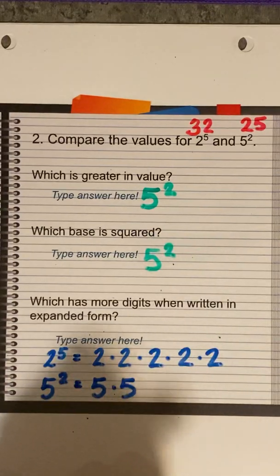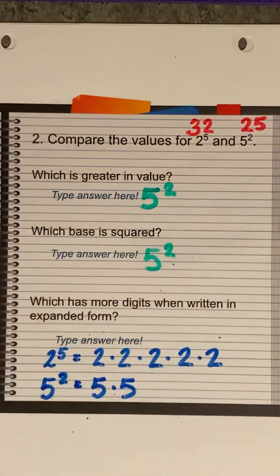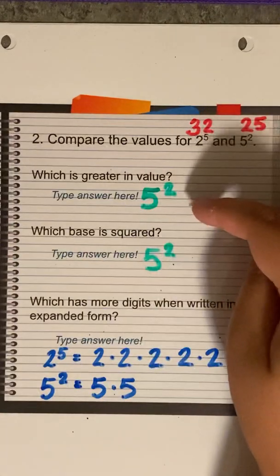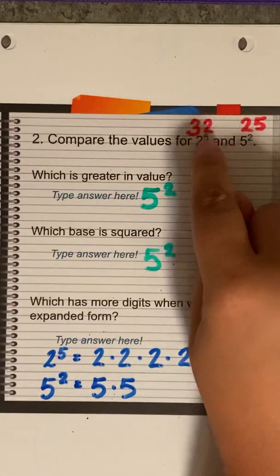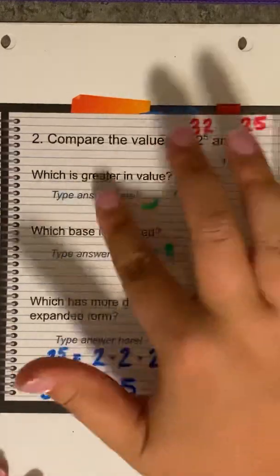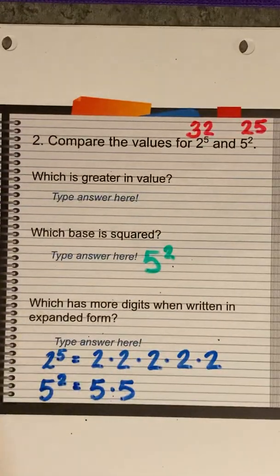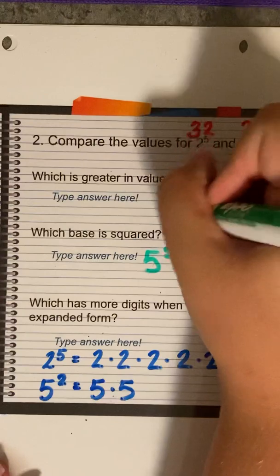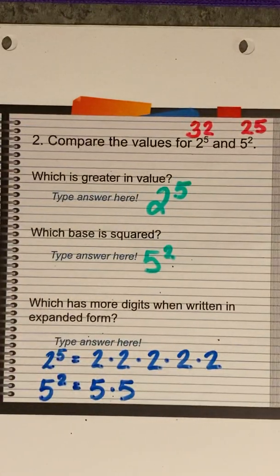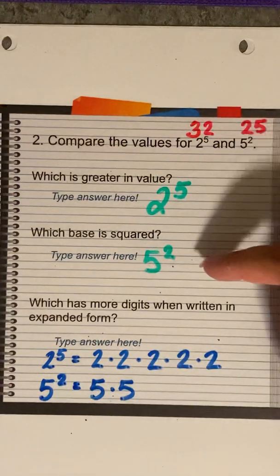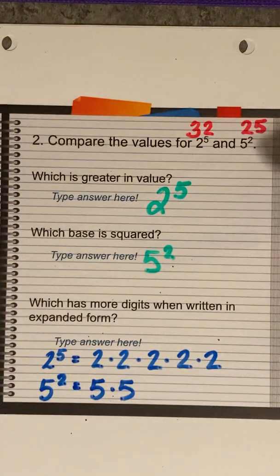Oh my goodness, why did I put 5 squared up here? I apologize. The greater value is the 32, 2 to the 5th power. My bad, that was completely my fault. Whoa, I'm reading numbers backwards. And this one is correct, the base squared.